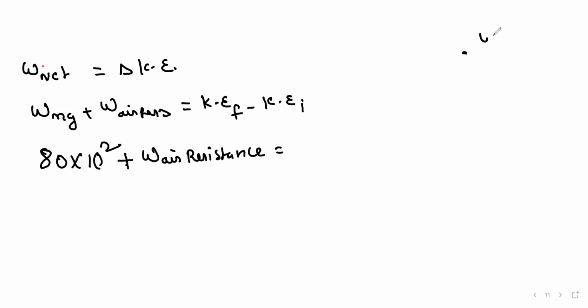So the body falls with initial velocity 0 meter per second, falls through a vertical distance of 80 meters, and attains a velocity of 20 meter per second.